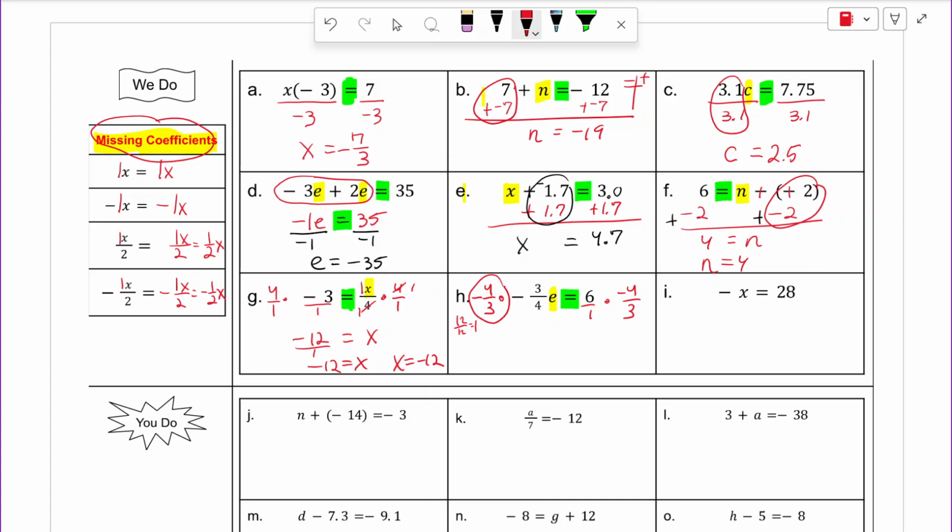Change my 6 into a fraction, and I can cross reduce there. I hope you learned this in elementary school. 3 goes into 3 once, 3 goes into 6 twice. If you did not learn how to do that, that's okay. Multiply straight across. So 2 times -4 is -8. 1 times 1 is 1, and E is -8.